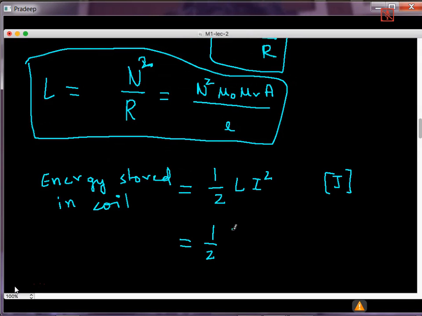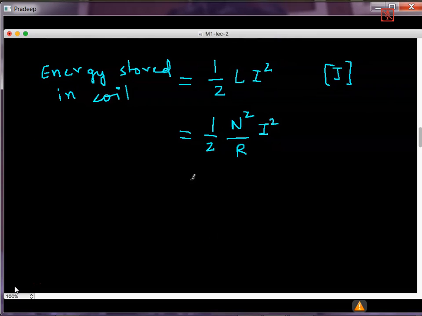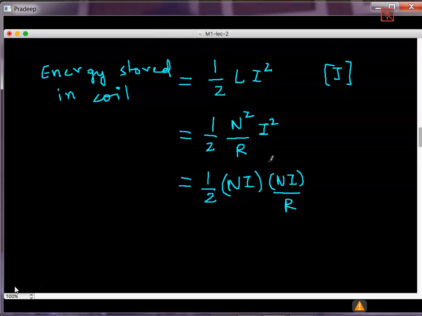Then I get half into n square I square by r, something like this. Here I have written ni into ni and then by r.